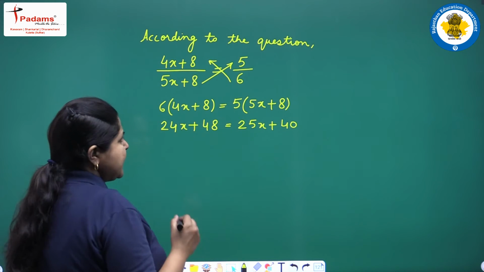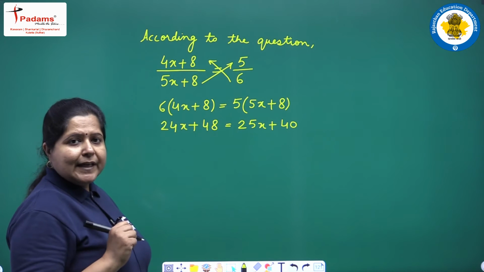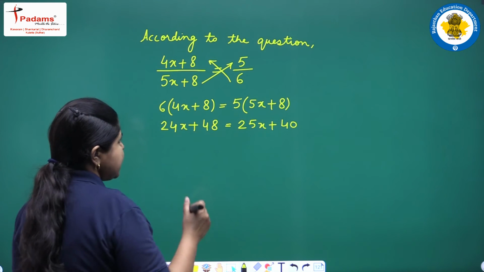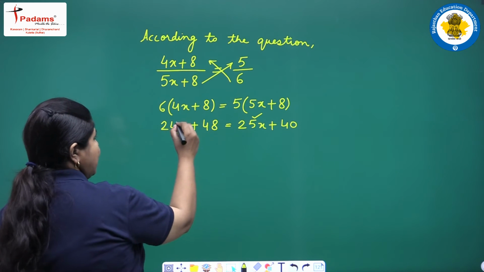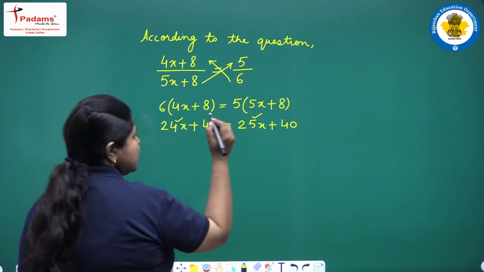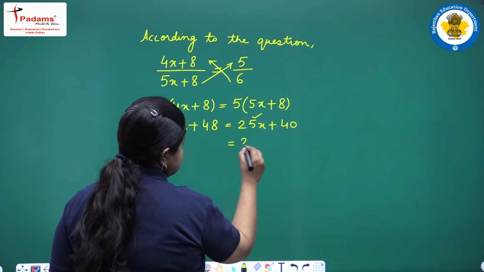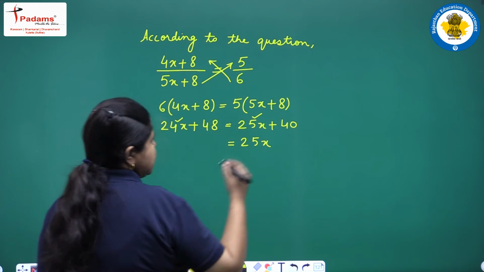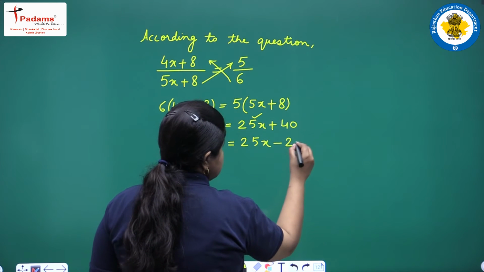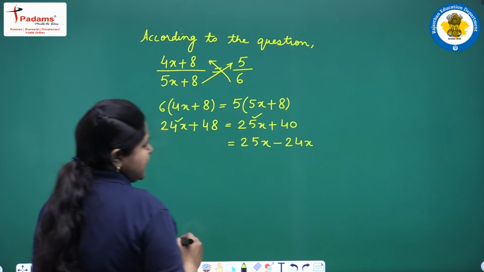Again, we will bring the terms with the variable on one side. We can see that this 25x is greater than 24x. So, I would prefer to keep 25x in the RHS and bring this 24x to the RHS. It will become minus 24x.